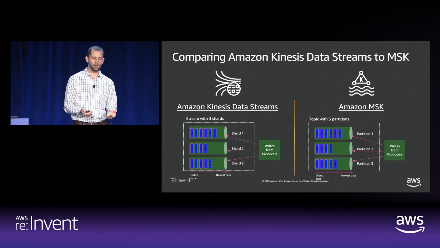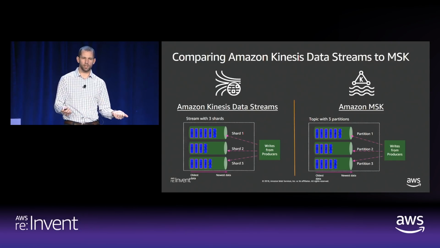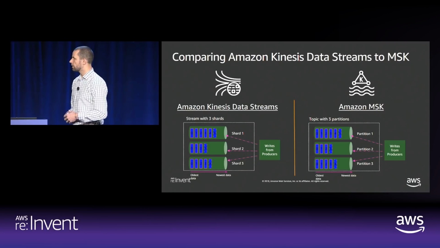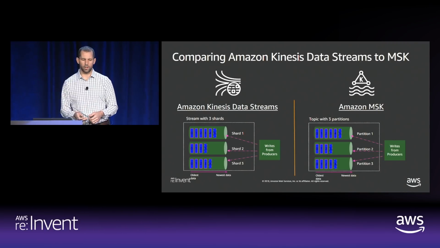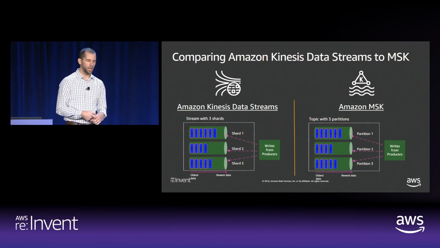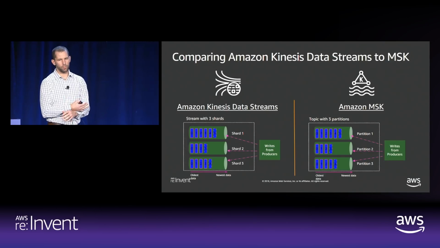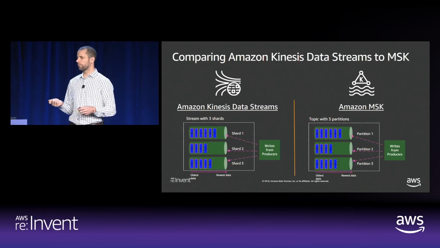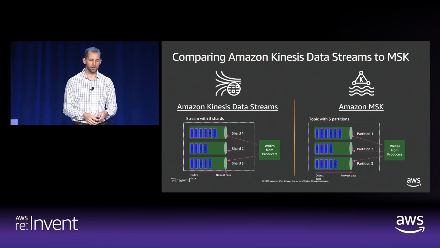So if you look at what a partition is and what a shard is, they're identical to a certain degree. And a topic is synonymous with the stream. It's a logical grouping of shards or partitions.